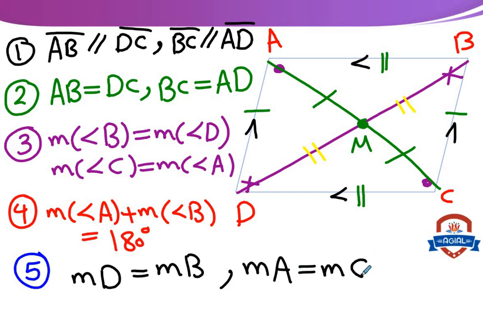This means bisect each other and not equal in length. The length of line segment AC does not equal the length of line segment DB. Okay?